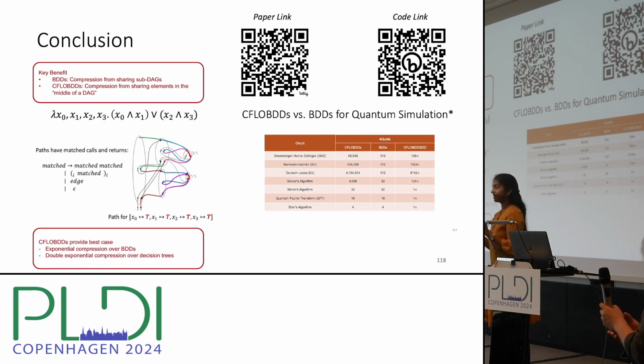However, in some cases, because you're dealing with half the number of variables at a time and not half the size of the output, you would have to design your algorithms that way. Only then would you have a more efficient algorithm for that particular operation in the case of CFLOBDDs. Okay, great.